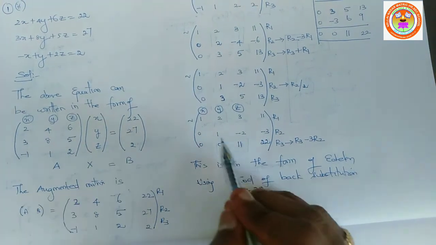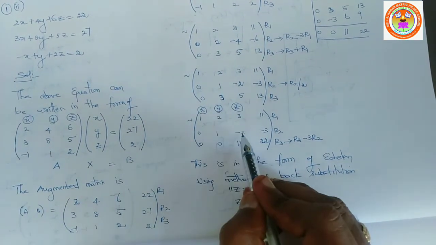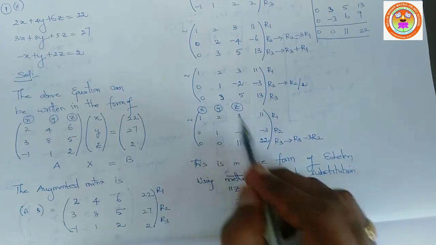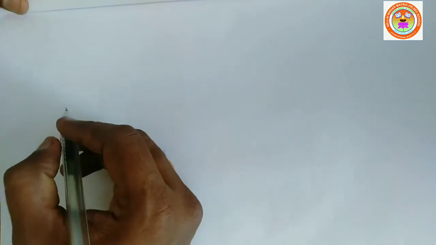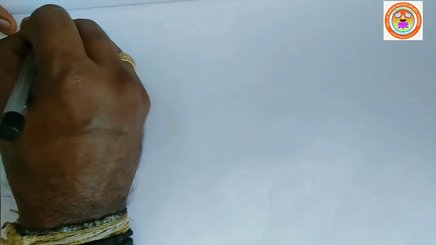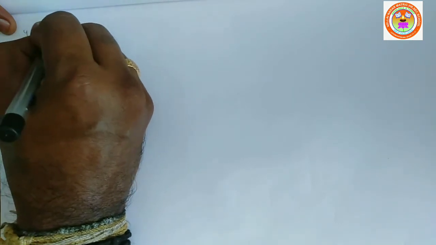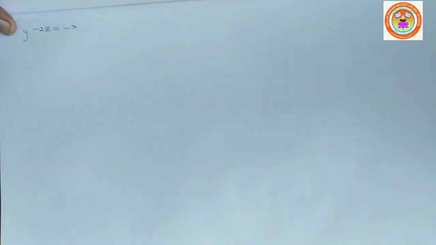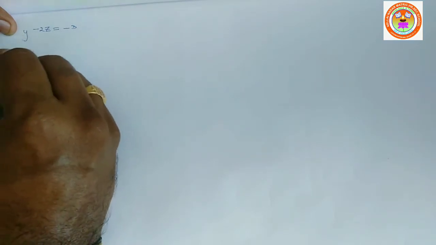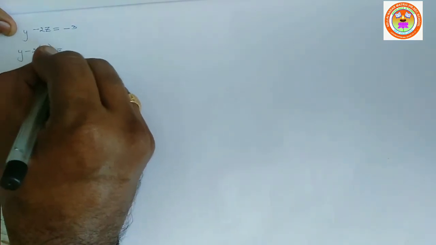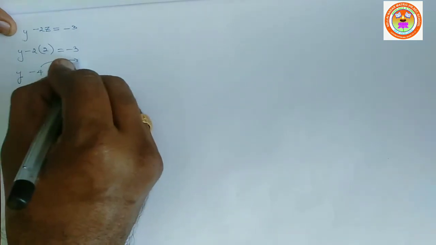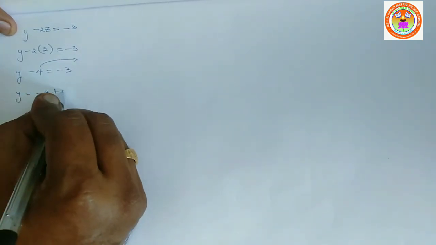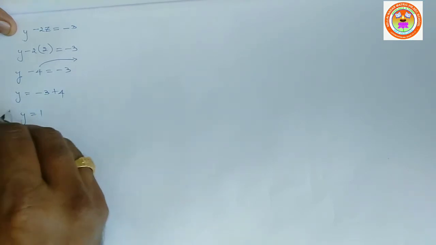So finally, 1 into y is y, minus 2 into z is minus 2z is equal to minus 3. So y minus 2z, we have found z is 2, so y minus 4 is equal to minus 3. Minus 4 to the other side, minus 3 plus 4, y is equal to 1.